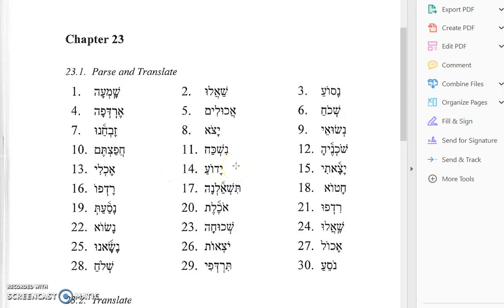And then nishkach, that's from shakach, to forget, with the prefix nun of the imperfect. We will forget, or it could mean we could forget, we should forget, we ought to forget, all those modal usages, don't forget about.